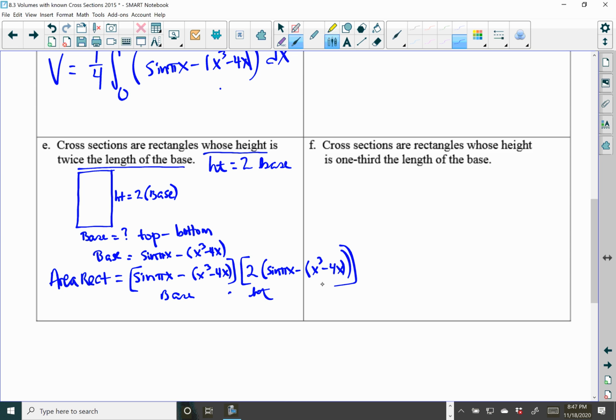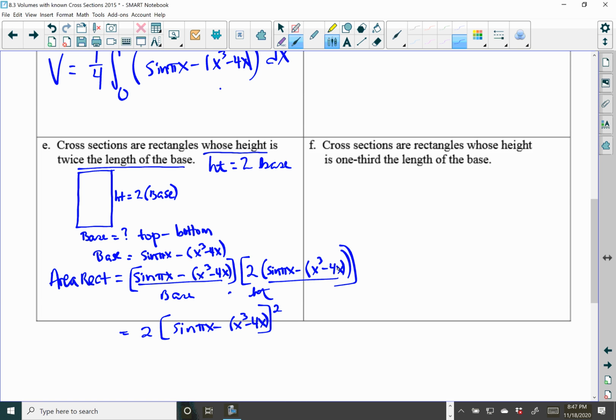Now, what does that boil down to? Well, I could bring my 2 out front, and then I notice that I've got top minus bottom quantity squared. Whew! Because this is multiplied by the exact same, right? That gives us that squaring.